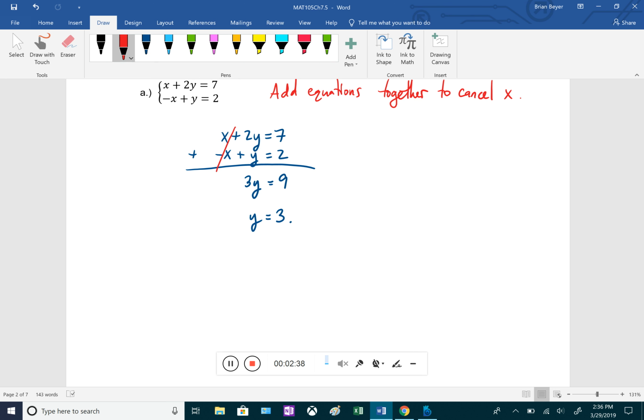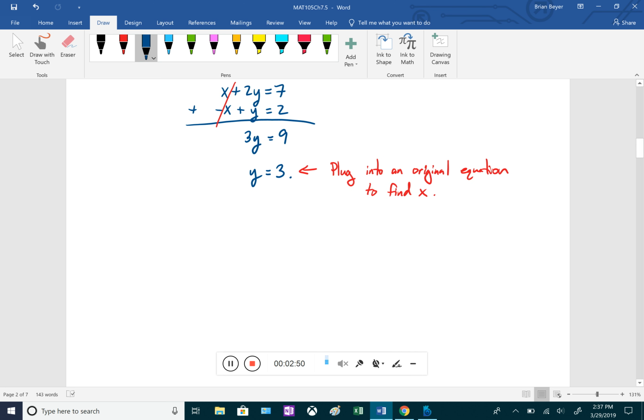So we have our y, and now we need to plug it back into one of the original equations to find x. We can pick whichever one of the two equations we want. I'm going to pick that second one, negative x plus y equals 2.